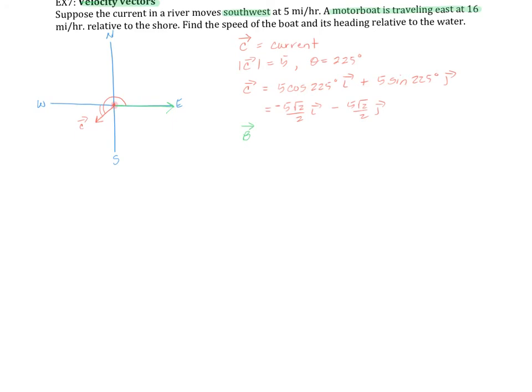Something important that I need to be aware of is this motorboat is traveling 16 miles per hour, but it's traveling relative to the shore. When we say relative to the shore, it means we're standing on the shore and observing the motion of the boat. So that would be the speed of the boat plus the speed of the current.